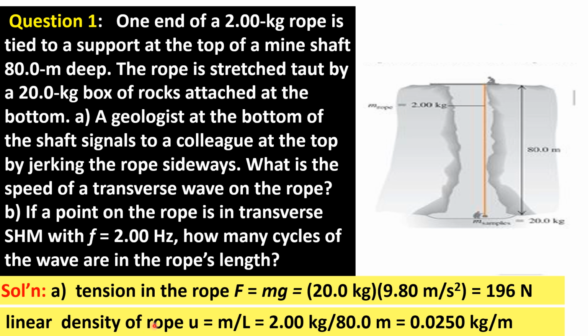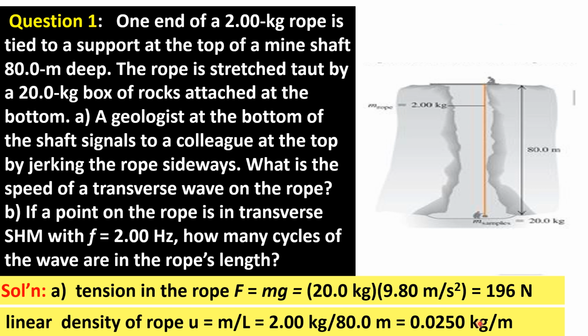Linear density is also called the linear mass density, and it is determined by getting the ratio of the mass of the rope divided by its length L. So 2.00 kilograms divided by 80.0 meters gives us 0.0250 kilogram per meter. That is the linear mass density of the rope.